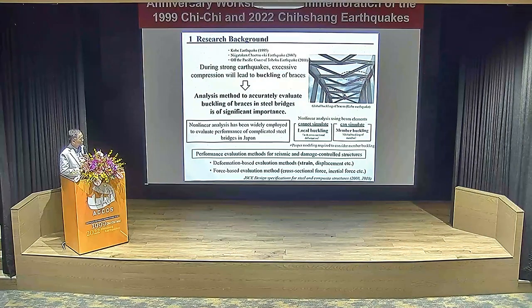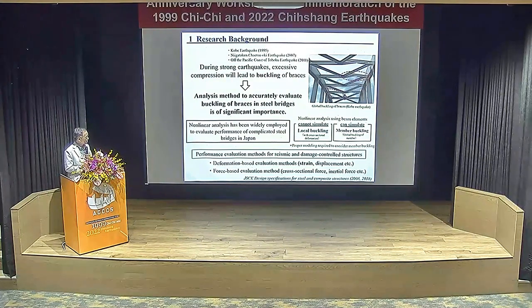During strong earthquakes in past several years, local buckling of braces were observed. For example, this photo shows global buckling of braces in the Kobe earthquake. So an analysis method to accurately evaluate buckling of braces in steel bridges is of significant importance.